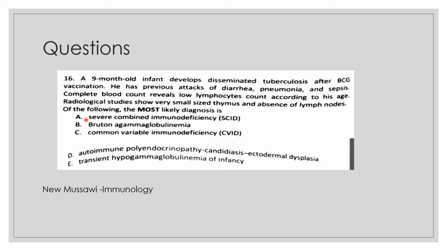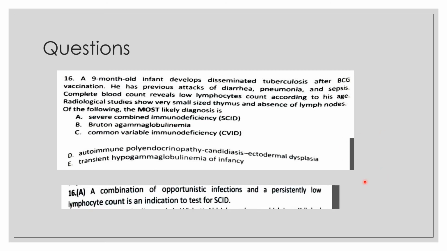Of the following, the most likely diagnosis is: A. SCID, B. X-linked agammaglobulinemia, C. common variable immune deficiency, D. autoimmune polyendocrinopathy, candidiasis, ectodermal dysplasia, E. transient hypogammaglobulinemia of infancy. The answer is A. A combination of opportunistic infections and a persistently low lymphocyte count is an indication to test for SCID.